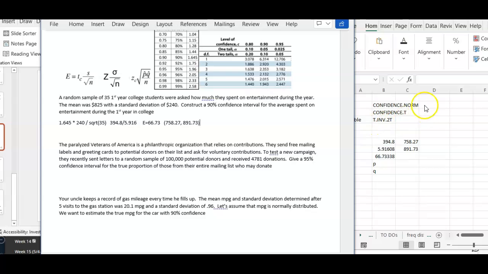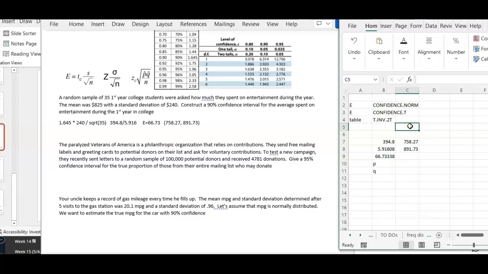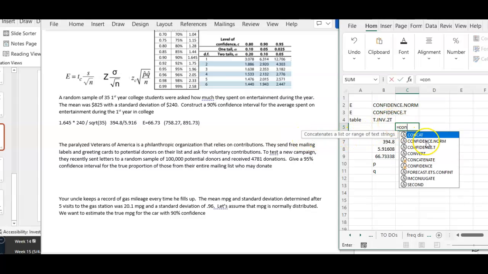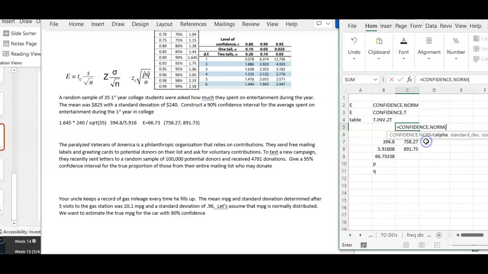We could also use this formula, confidence.norm, to determine our margin of error. So we did out all the math here, or using Excel, I can use confidence.norm. I just start typing it in and then double click on it. Alpha is what it wants. So instead of 90%, we do 1 minus 90%, which is 0.1.